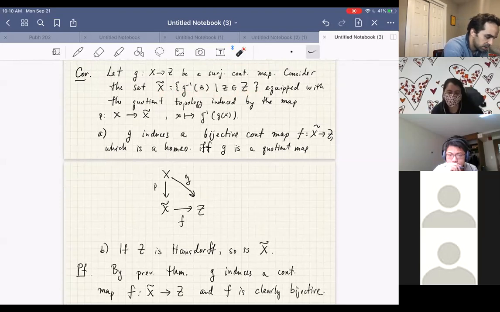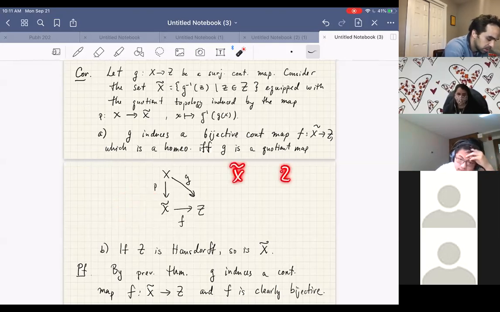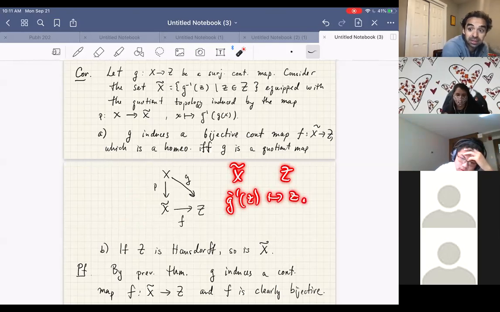When X tilde is this particular set, then F is a bijection, right? Because the points in X tilde are uniquely given by these sets. So there's a bijection from X tilde to Z. That's actually a comment you said at the beginning. And this is clearly a bijection by the way I'm defining my sets, right? It's fine. You can continue.